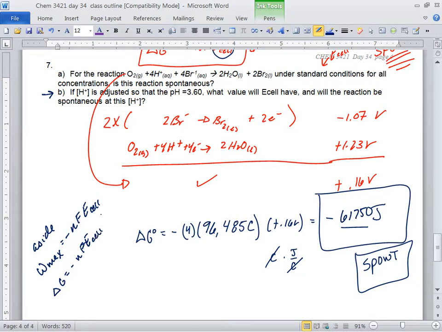Do you notice that? The Gibbs one is where the little n is the moles of electrons that cancel in our reaction, right? Is that the case for W max?